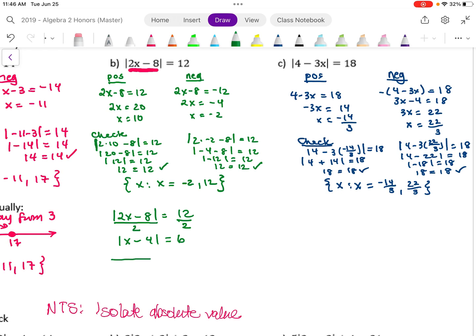And now we just have to remember we want to be 6 away from 4. 6 away from 4 on this side is negative 2, and on the positive side is 10. Did we get negative 2? Wait, what did I do wrong?